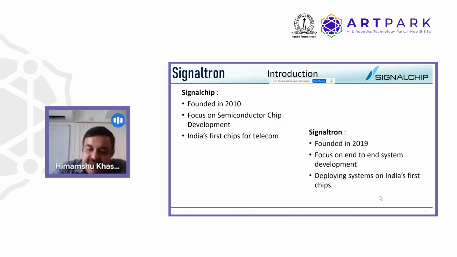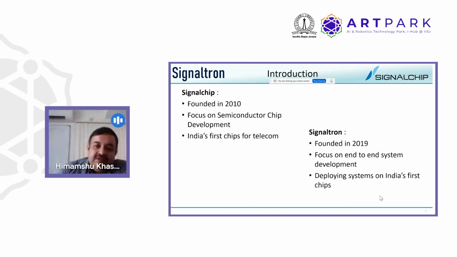As I introduce the products from Signaltron, I have to spend a little time on the chipset that we did at Signal Chip. Signal Chip is a company founded in 2010, which focuses on semiconductor chip development. It's a fabless company working on chips for these domains, and has come up with the first chips for telecom from India.